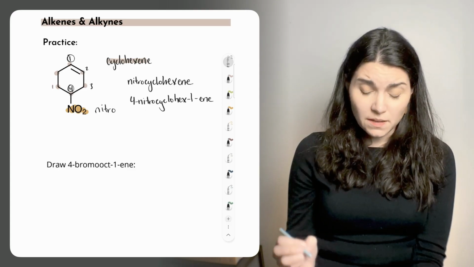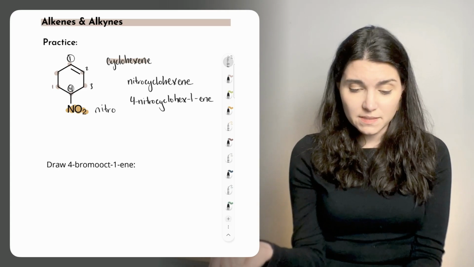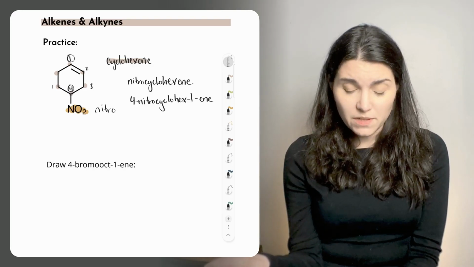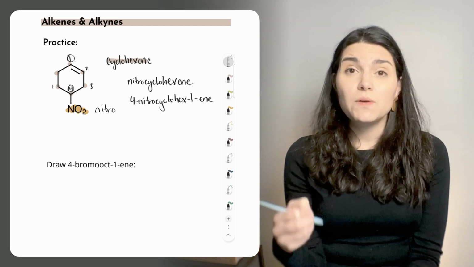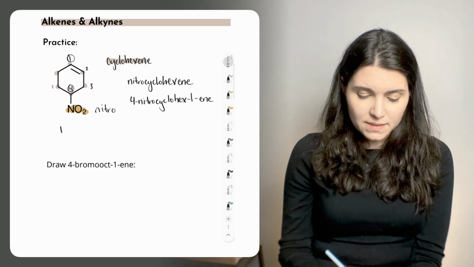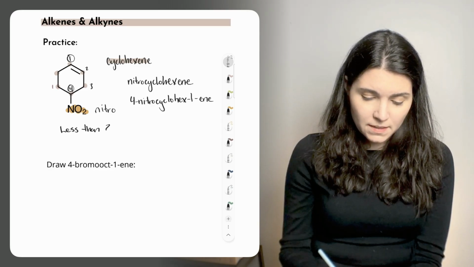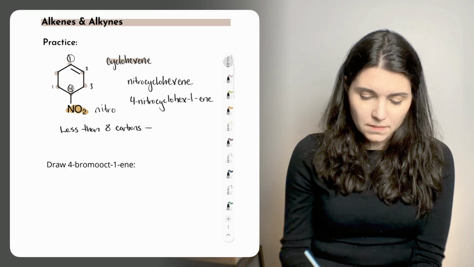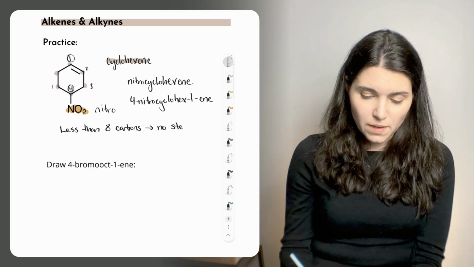And this is just a little note for future reference. You probably won't run into this very often or ever in a regular organic chemistry course, especially one that doesn't focus much on nomenclature. But when you have rings with double bonds, if the ring has less than 8 carbons, you don't have to specify the stereochemistry.